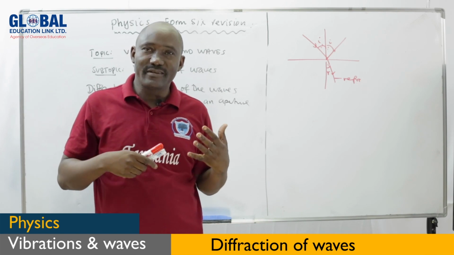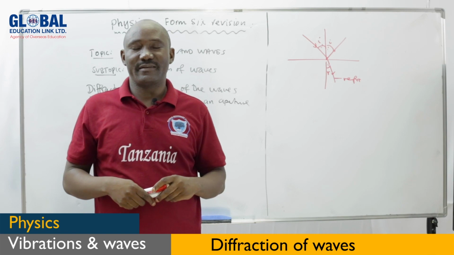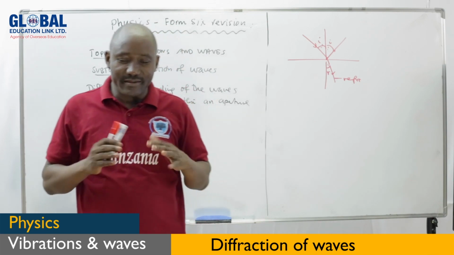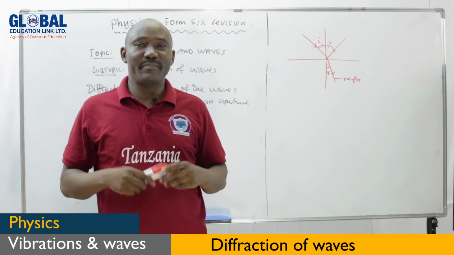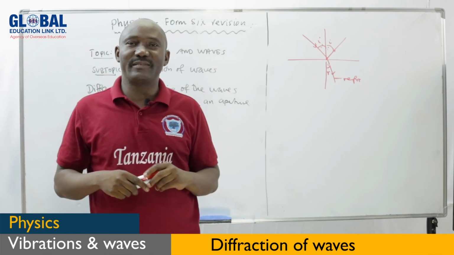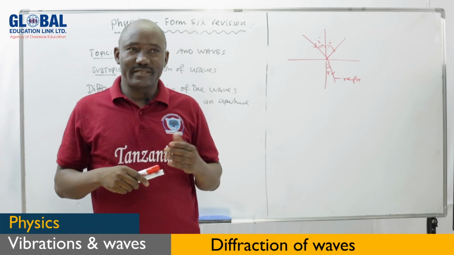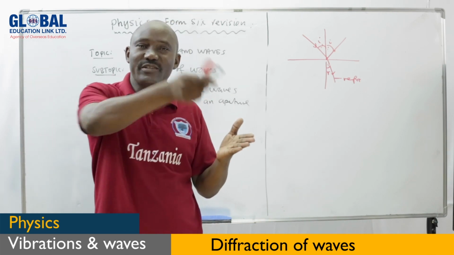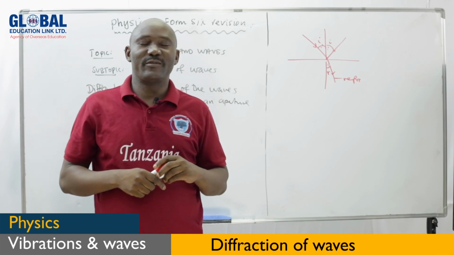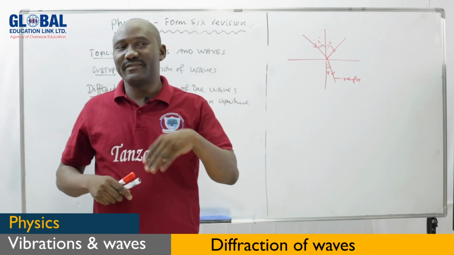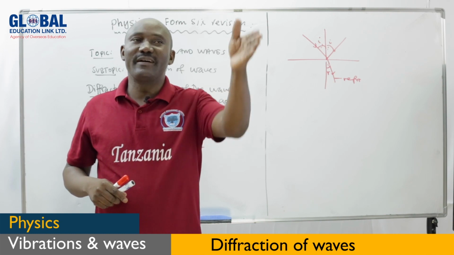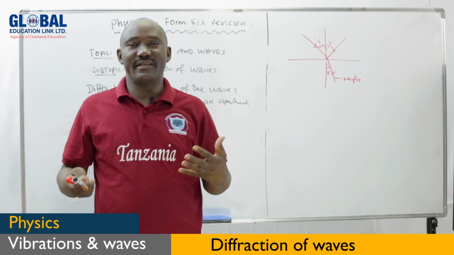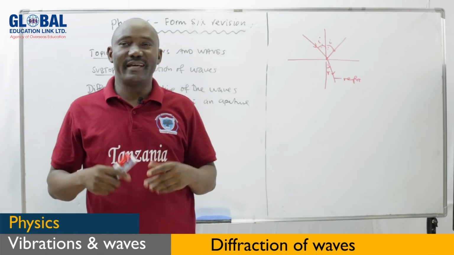You can hear the sound from inside. But assume now the person inside changes the waves, he passes light waves through that small opening, so that we want to see if someone can see you, if those waves can reach you there. And you can find that the light waves produced will never reach you at the end. So these are the distinctive features which make the difference between sound and light waves.